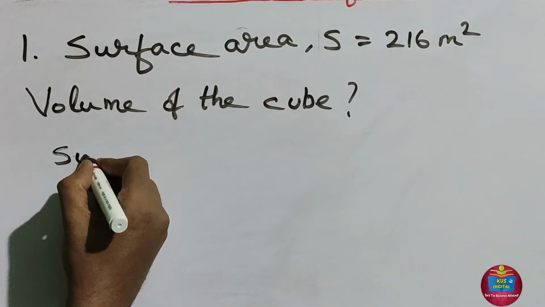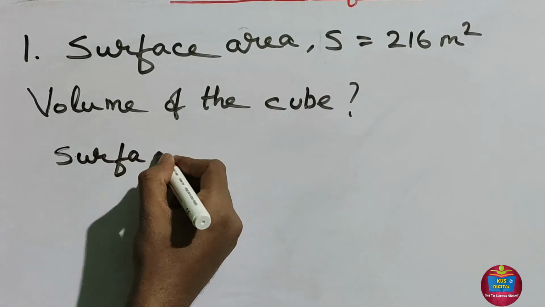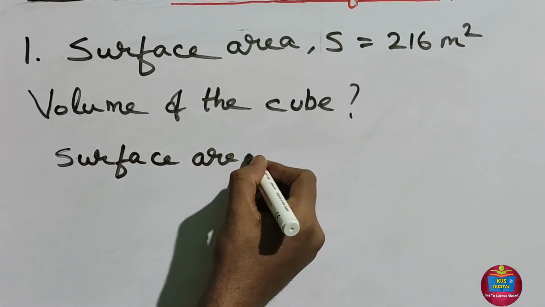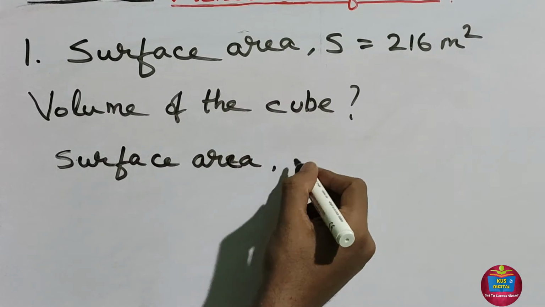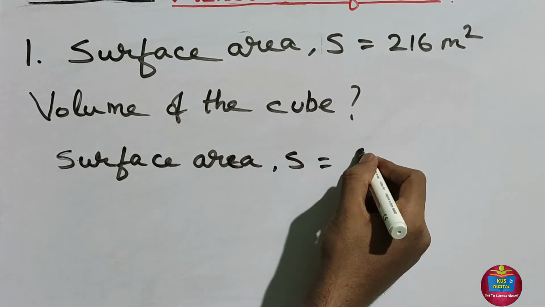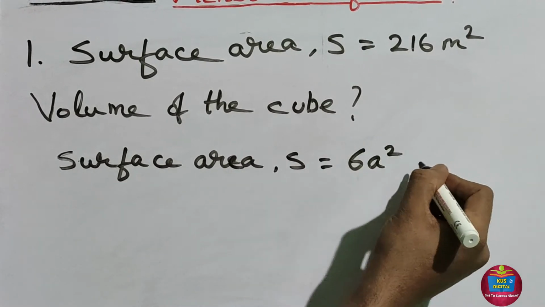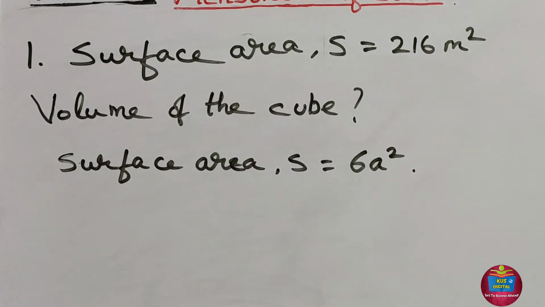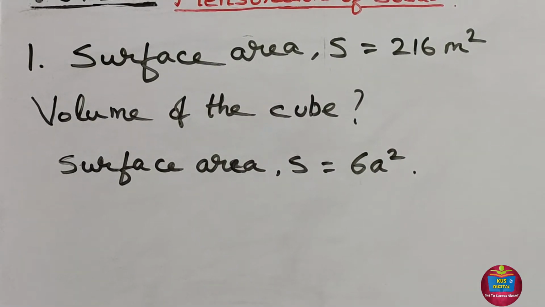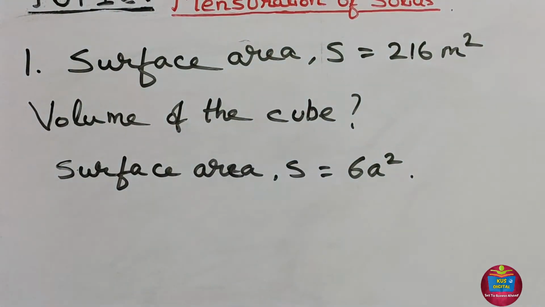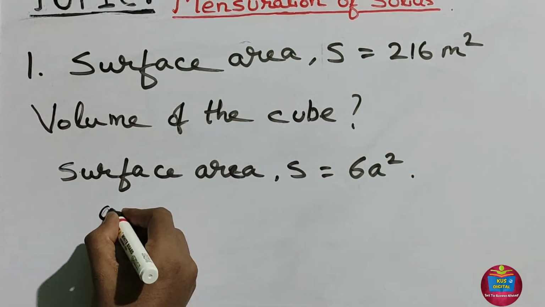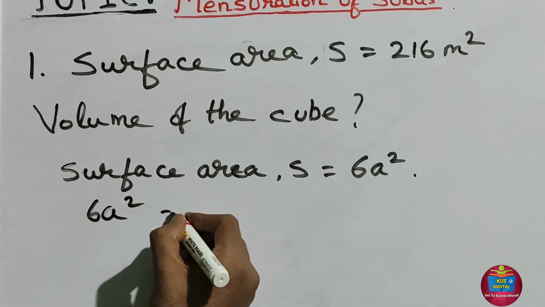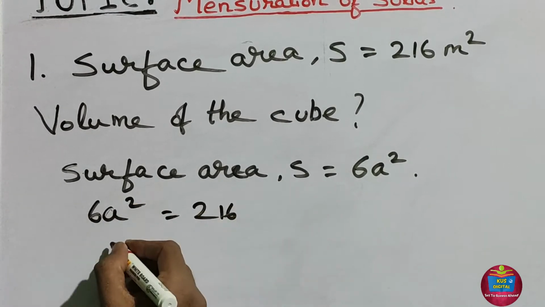surface area for a cube equals to how much? 6 into a square. That means this is the formula of surface area of a cube. Now this is given as 216 meter square. So 6 a square equals to 216.